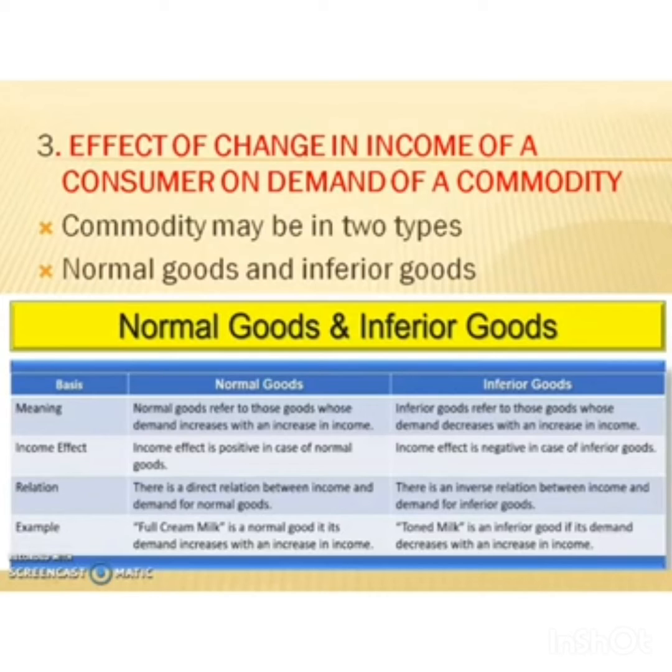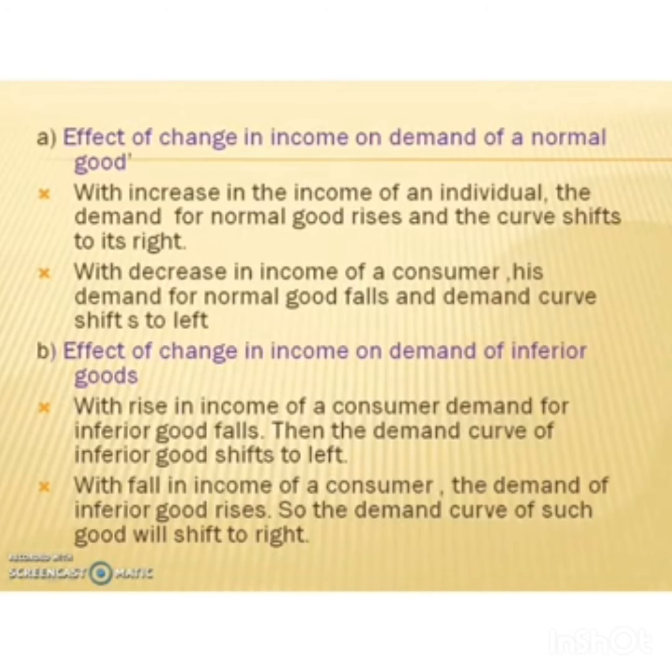So when the demand for a commodity increases with an increase in income, that good is known as a normal good. If the demand for a good decreases due to an increase in income, it is termed an inferior good. First of all, let's explain the effect of a change in income on the demand for a normal good. As we discussed earlier, with an increase in the income of an individual, the demand for a normal good rises.